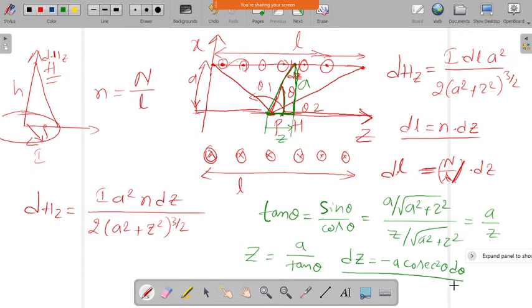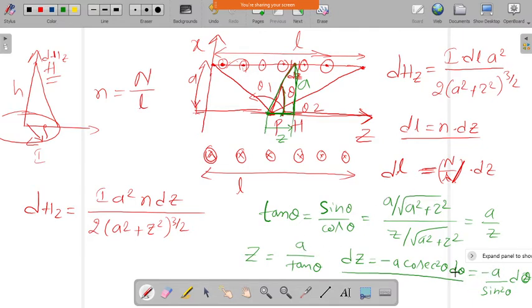Now we know sin theta is nothing but a by square root of a square plus z square, so we can write this as minus a by sin square theta into d theta. So in terms of sin theta, dz is minus a by sin square theta into d theta.